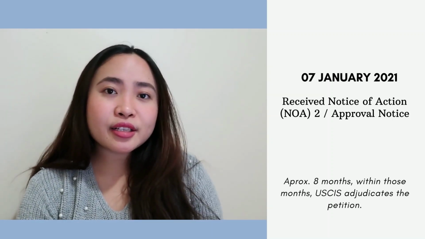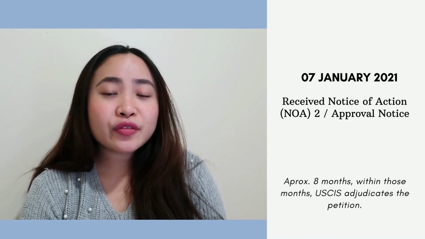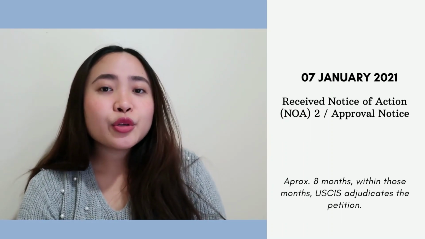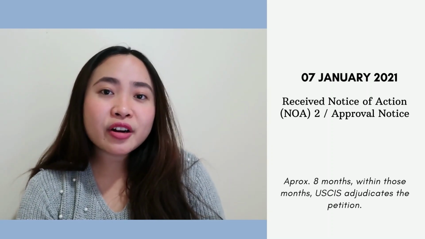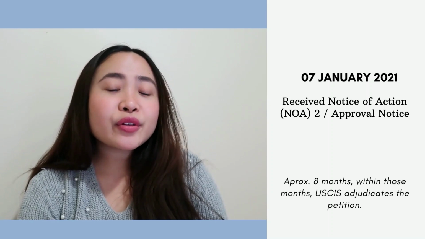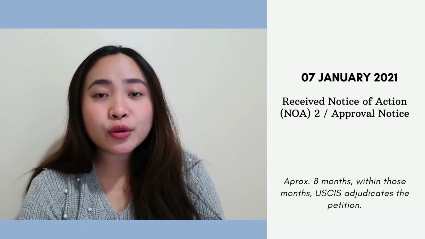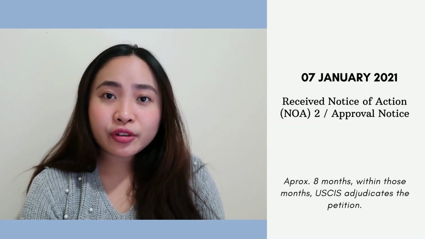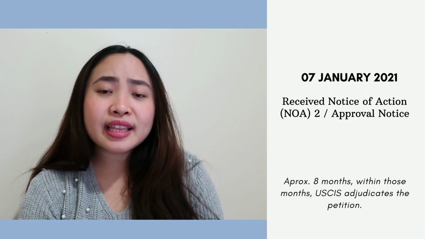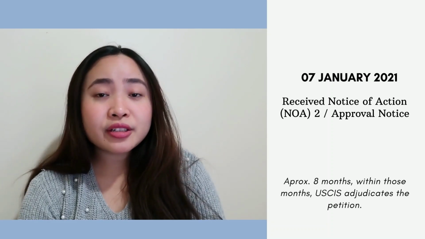In other cases, within those 8 months, instead of receiving your notice of approval or NOA 2, you may receive an RFE, the request for further evidence, if they want you to provide more evidence to establish a genuine relationship, or it can be that you were not able to submit certain things.